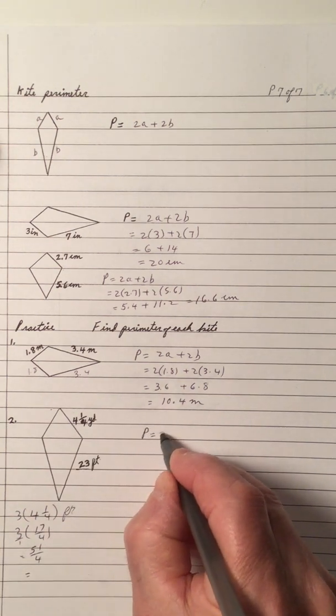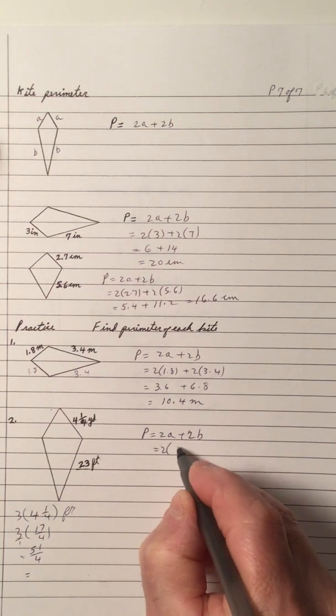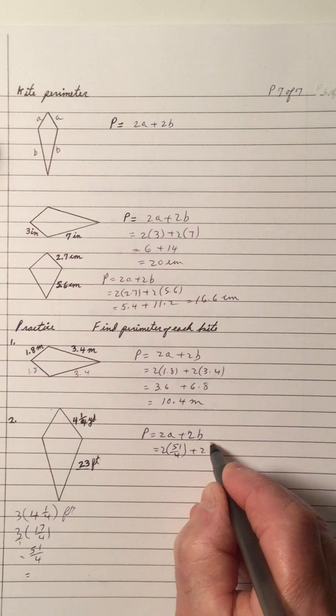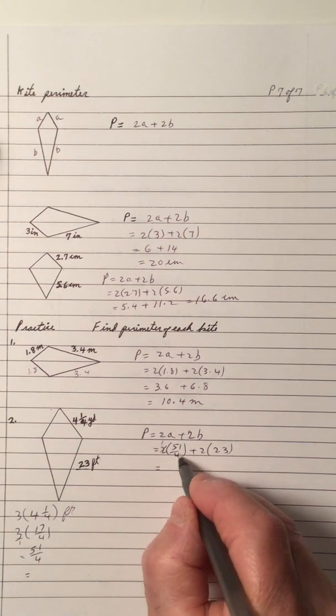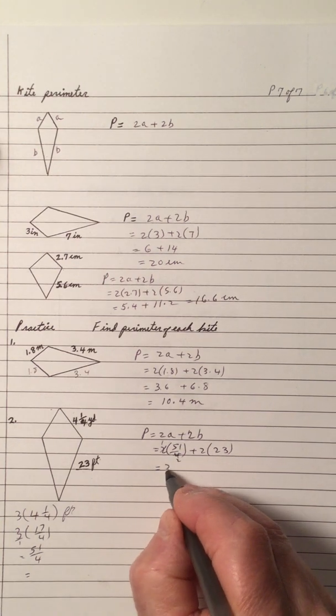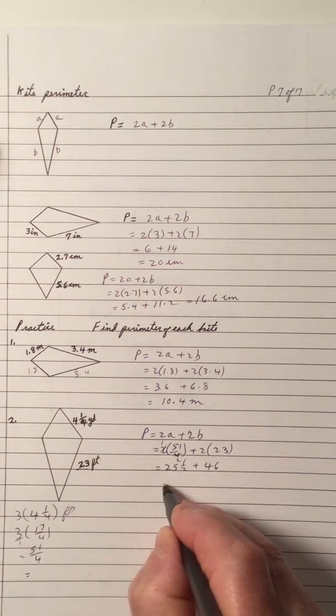So the perimeter is 2a plus 2b. So it's 51 over 4 times 2, the 2's cancel. And 51 over 2, that's 25 and a half. That's 46.